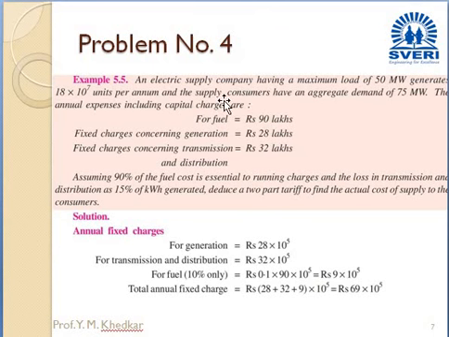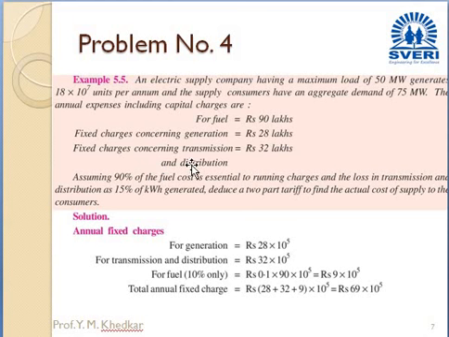An electric supply company having a maximum load of 50 megawatt generates 18 into 10 raised to 7 units per annum, and the supplied consumers have an aggregate demand of 75 megawatt. The annual expenses including capital charges are: for fuel 90 lakh rupees, fixed charges concerning generation 28 lakh rupees, fixed charges concerning transmission 32 lakh rupees.